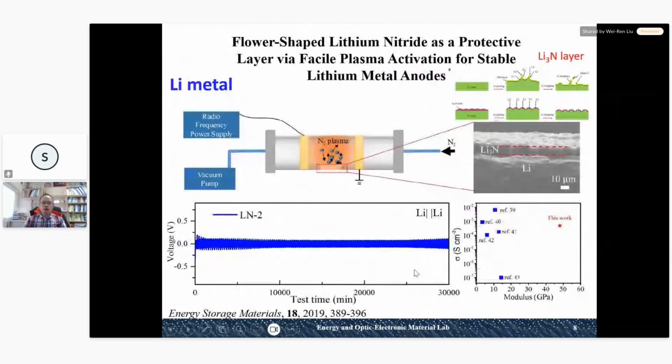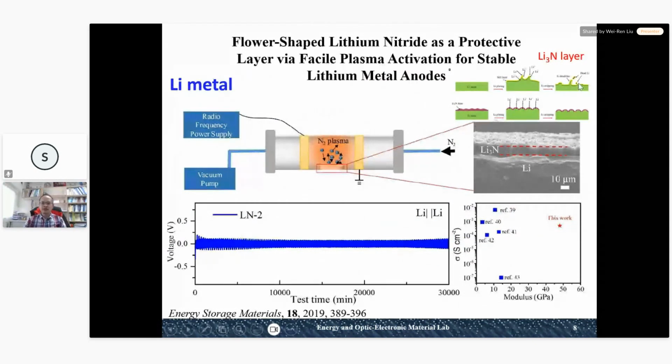Also, recently for the lithium metal anode, this report, they try to use the nitrogen plasma to make a lithium nitride coating on the surface of the lithium metal to inhibit the lithium dendrite.